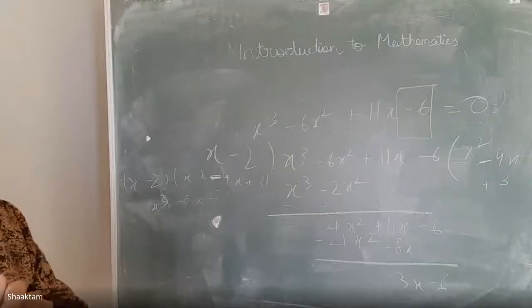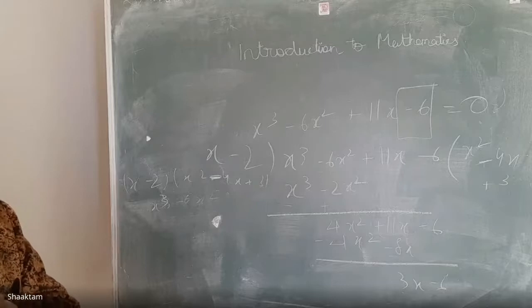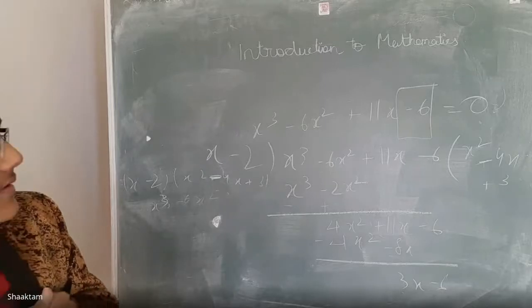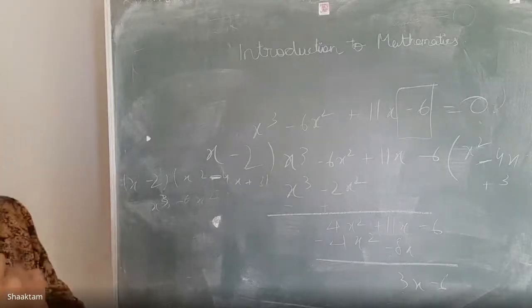I got the quotient as x square minus 4x plus 5. Is it correct, right? Did you get the same? That's 5 or 3? 3 should be, now 11x minus 8x will be 3x minus 6, and then that will be x minus 2.